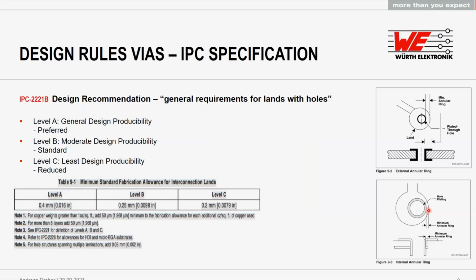So keep your design rules as simple as possible and use the critical designs only for the critical components. If you have standard components on the same board, try to use standard tolerances here, which makes the production easier, yields a better yield, which in the end also gets you a better price for your product.